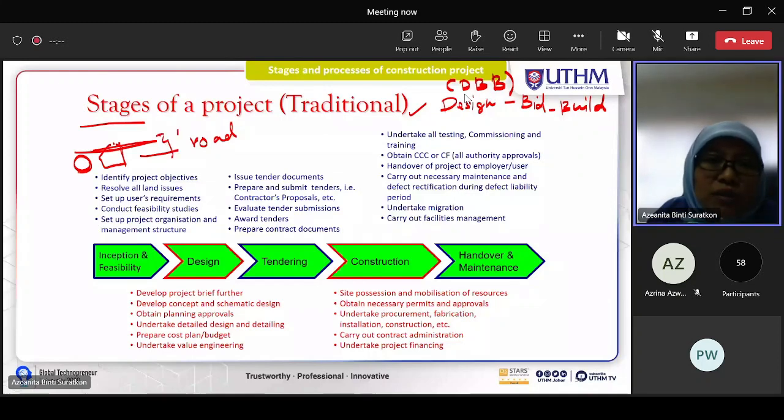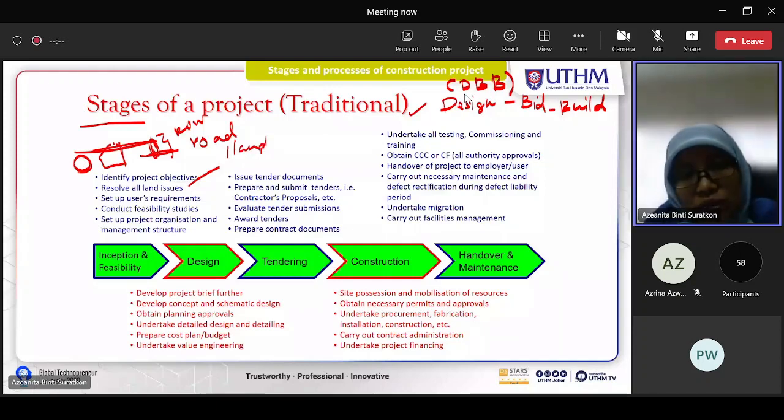Sometimes this is road, but here actually also part of the road belongs to the government, for example, but villagers have their houses, maybe stalls nearby the road. So this is part of the land acquisition lah. Land acquisition. So this is part of the land issues lah.